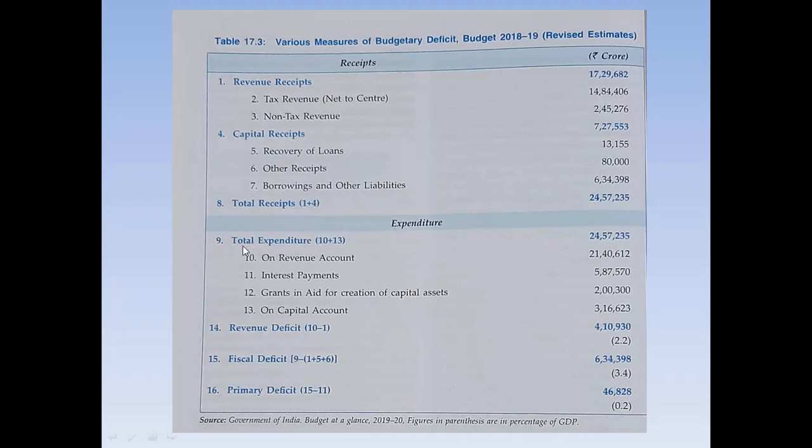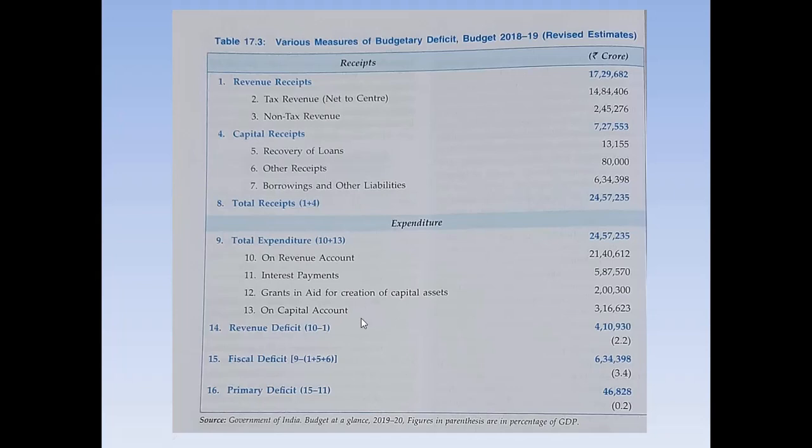Now this total expenditure includes both capital and revenue parts. In your book, number 10 is mentioned on revenue account, which means it is the revenue expenditure. You can see the interest payments, and grants in aid for creation of capital assets on capital account. So that is your capital part.